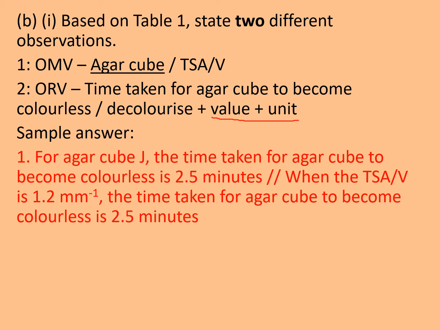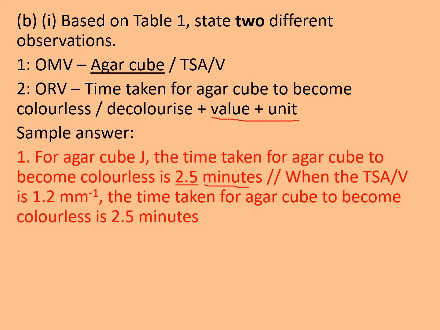Okay. So for this one, for agar cube J, the time taken for agar cube to become colorless is 2.5 minutes. Okay. Put the value and put the unit. Or you can write when the total surface area to volume ratio is 1.2, the time taken for agar cube to become colorless is 2.5 minutes.